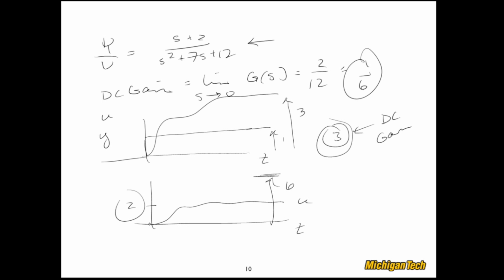Even though it's not exactly a step, it achieves a steady state value, which is step-like. In this case, though, with a value of 2, and so now I know, without doing any other analysis, because I know that the DC gain is 3, I know that the steady state response is going to be 6. Fun stuff. The last thing that we're going to do is just take a look at some of these concepts using MATLAB.